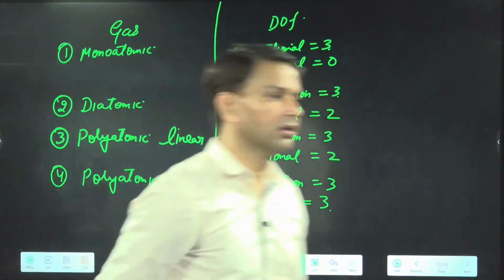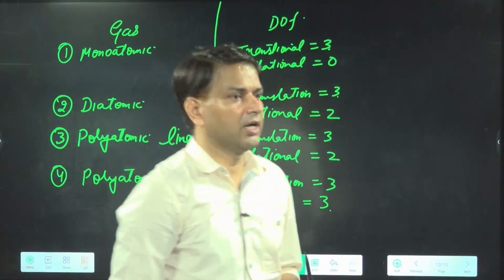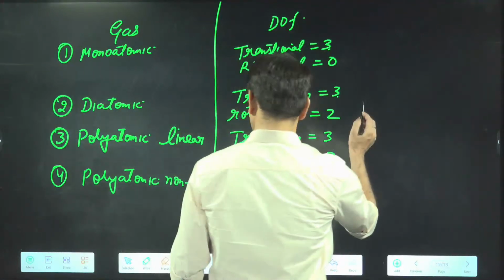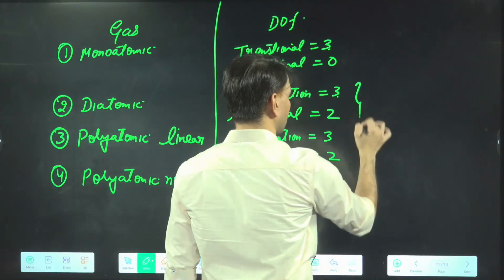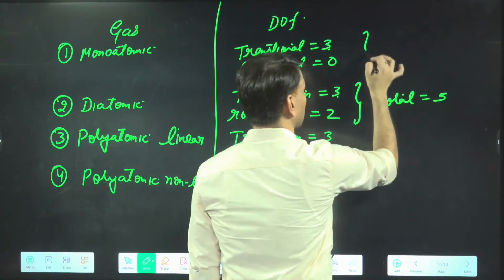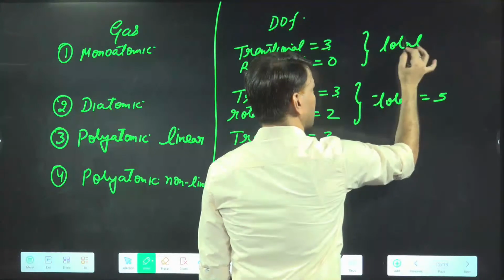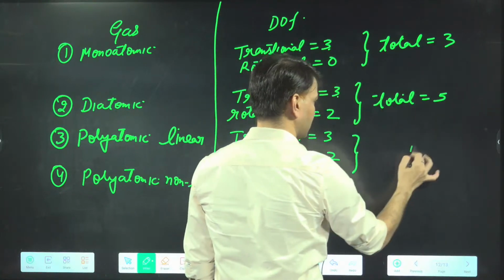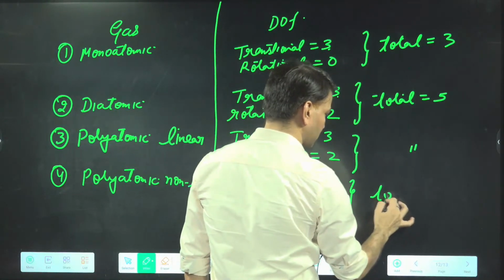Okay, everybody got it or not? So monatomic 3, diatomic total 5. Here total 6.